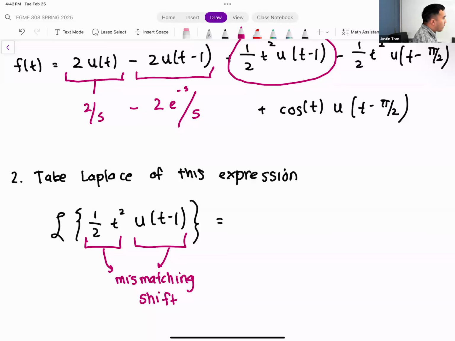So let's apply our modified version of the second shifting theorem. It states that we have a shift of 1, so we multiply by e to the minus s, which accounts for our shift.